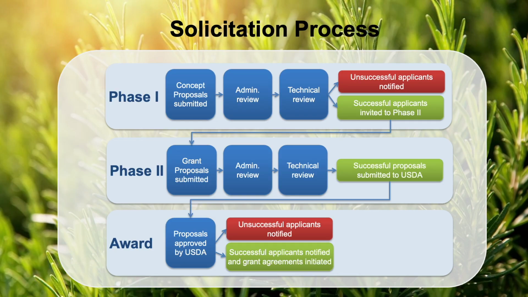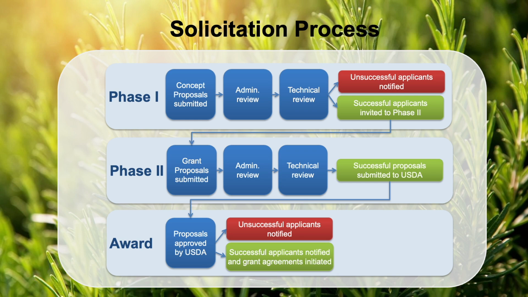The solicitation process is a two-phase process. In phase 1, applicants must submit concept proposals for their projects. Proposals go through an administrative and technical review, and applicants with successful proposals are invited to participate in phase 2, submission of a grant proposal. CDFA will advise all applicants whether they are invited to submit a grant proposal.